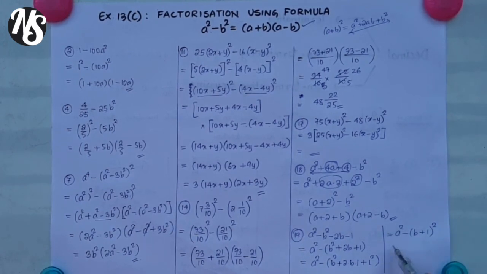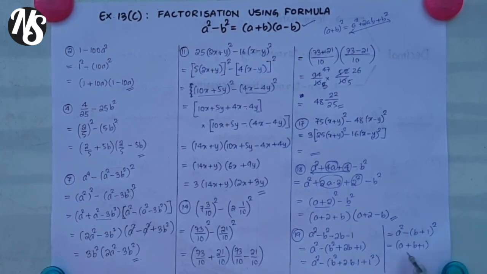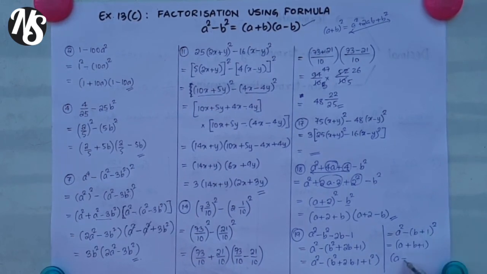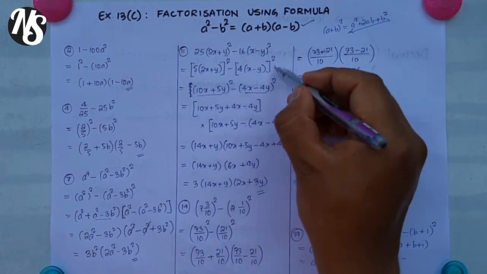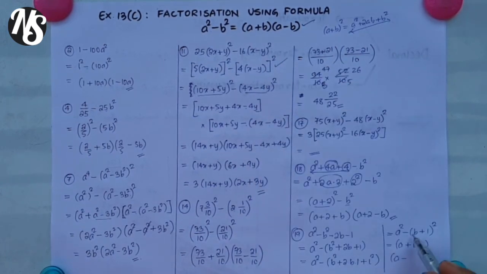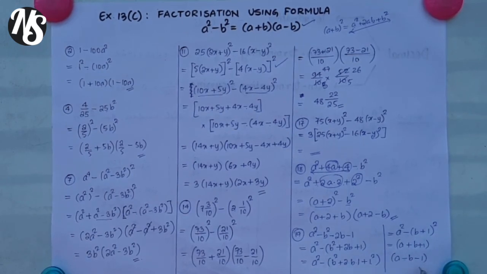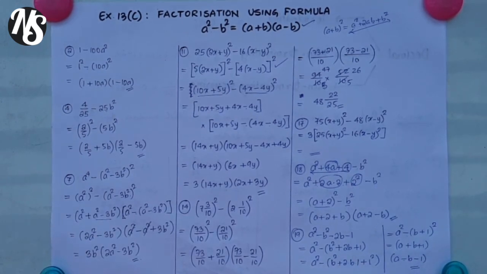So you have a square minus b square, so it is (a plus b) into (a minus b). Because of the minus sign, the sign gets reversed, as in this case. So this becomes a minus b to be this much. This will be your answer for this particular question.